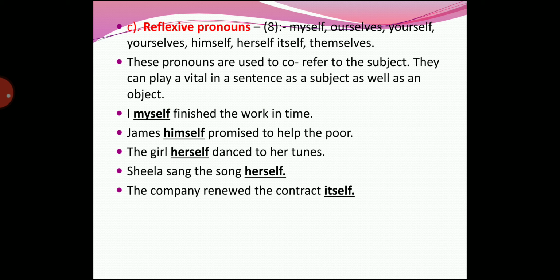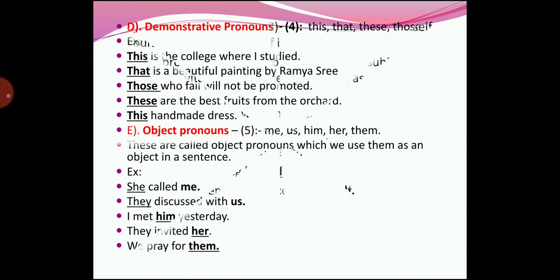So they can play a vital role in a sentence as a subject as well as an object. For example, I myself finished the work in time. Here, Sheila sang the song herself. So, supporting the subject, as a subject as well as an objective. These are the reflexive pronouns.